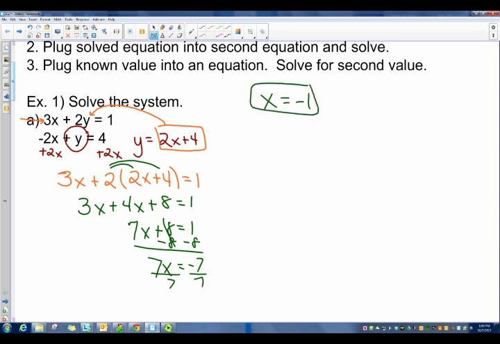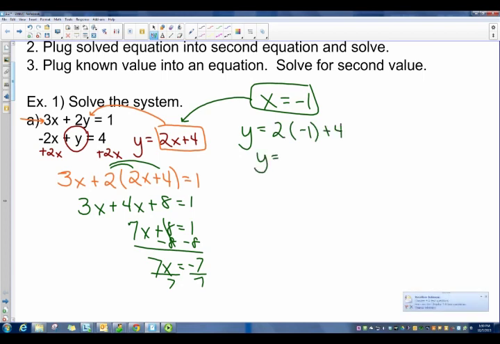Now we've got to figure out what y is when x is negative 1. So I'm going to take this and substitute it. This is step 3, and I can substitute it anywhere, but right here is going to be the easiest place to go. So I've got y equals 2 times x, and we know that x is negative 1, plus 4. Continuing, you've got 2 times negative 1, which is negative 2, plus 4 equals 2.